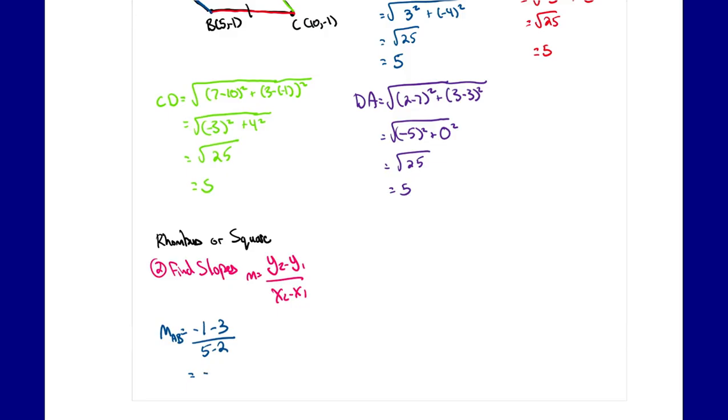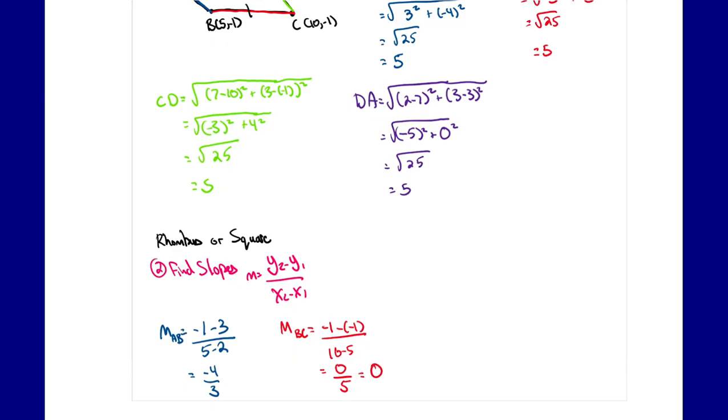Then we get negative 4 over 3. And for the next one, the slope of BC, we have negative 1 minus negative 1 over 10 minus 5. We end up with 0 over 5, or 0.